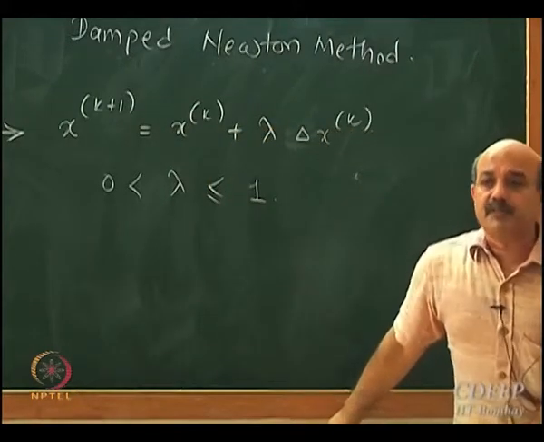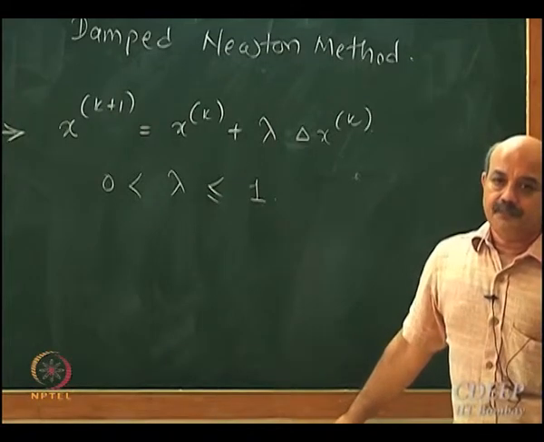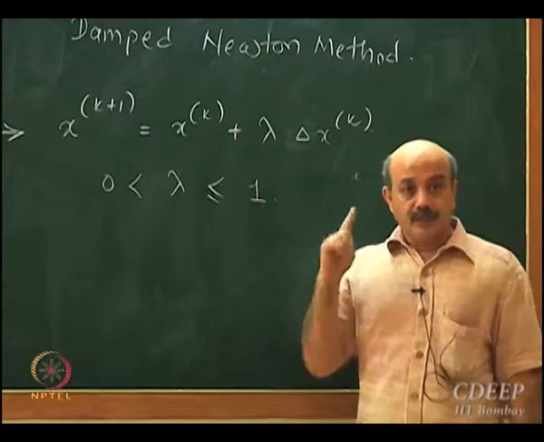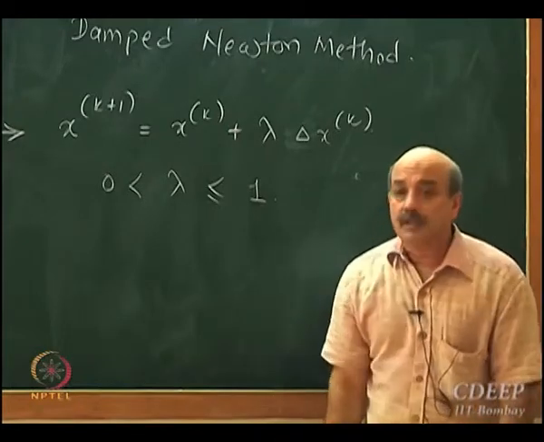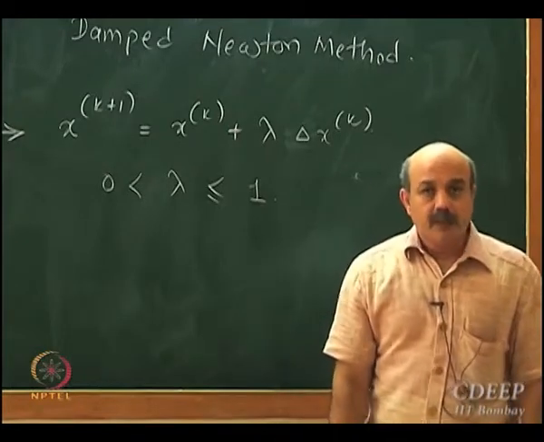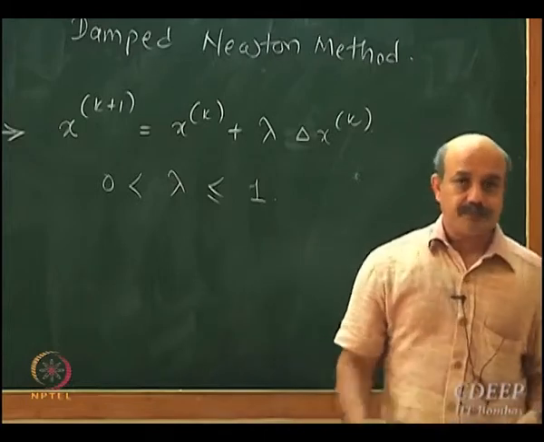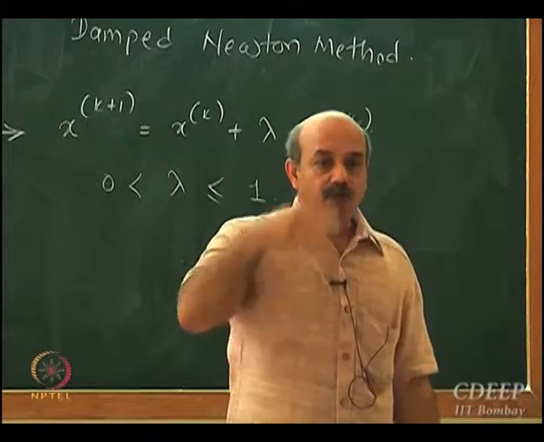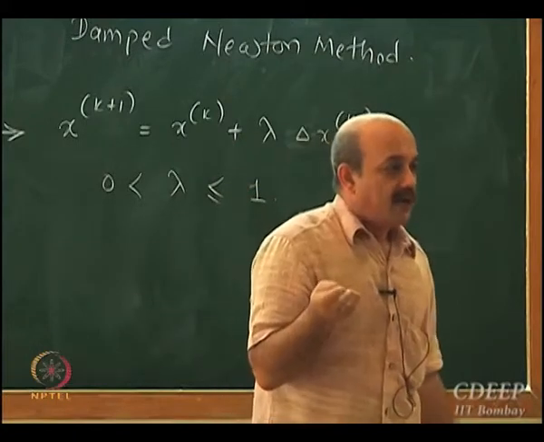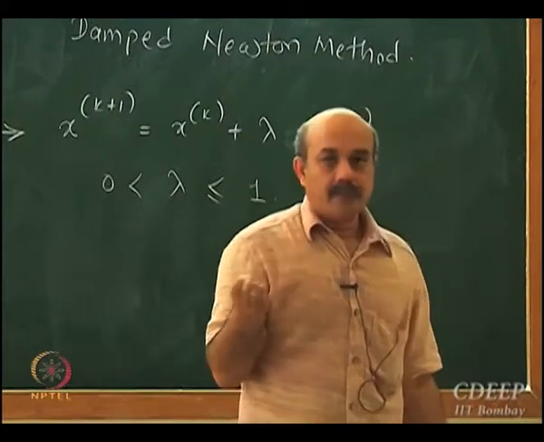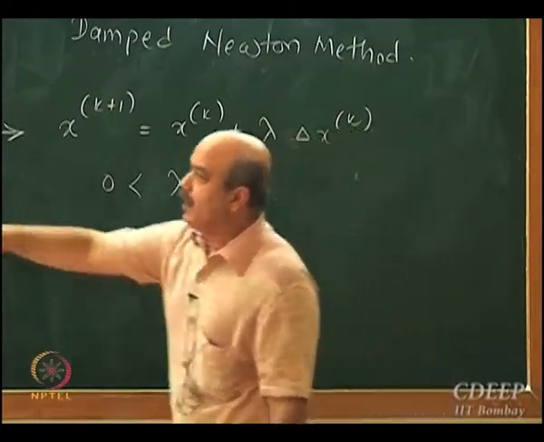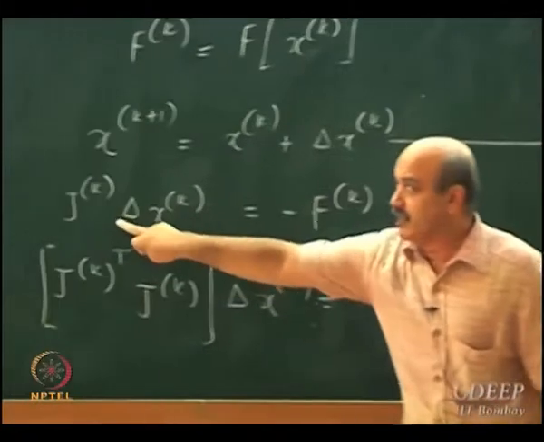So lambda is chosen between 0 and 1, okay. Now what is the reason? First of all, remember when you took Newton's step, it was based on local linearization of function vector f of xk, right. How did we take this step? It was based on the local linearization.